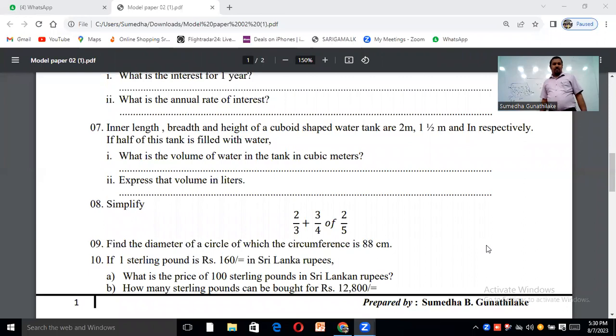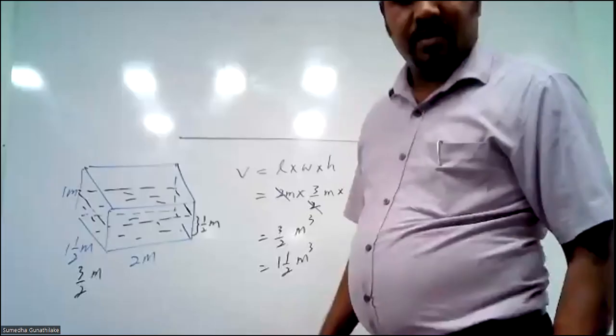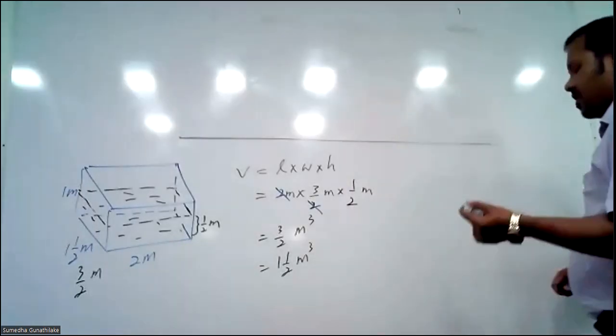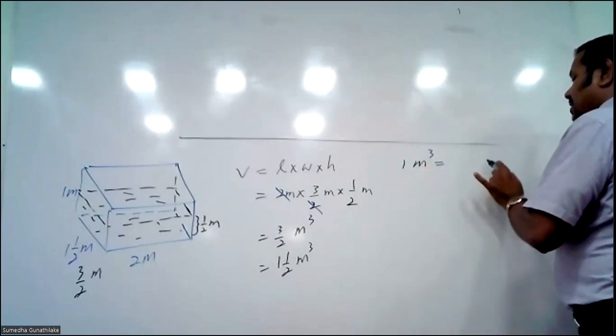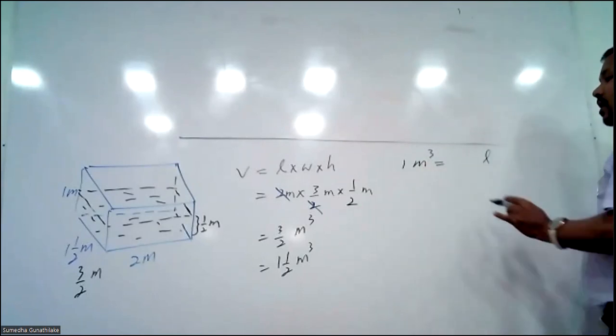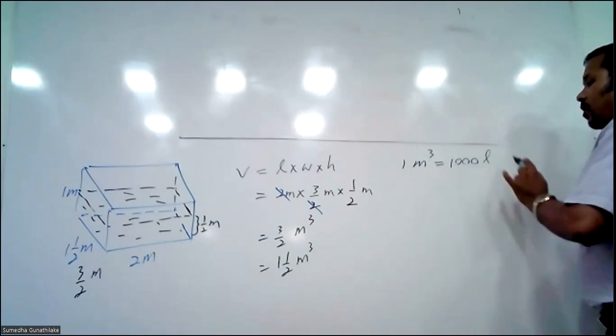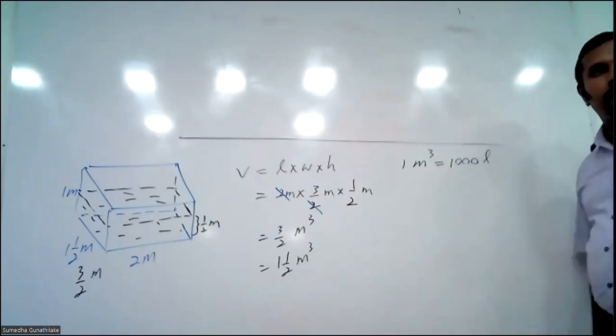Express that volume in liters. I think you all know the relationship between cubic meters and liters. How many liters are there? 1,000. 1 cubic meter equals 1,000 liters.